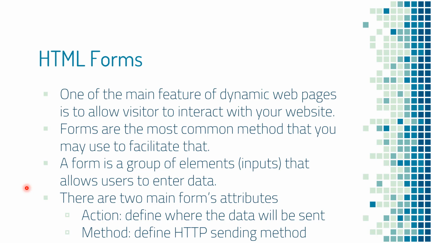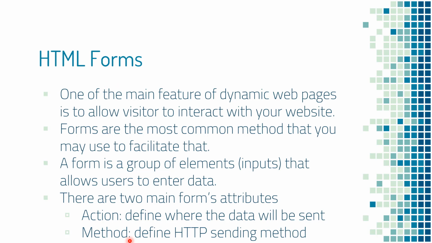The other attribute is the method, which defines what method is used. As you recall from HTTP, when you send a request you use verbs or methods. The most common ones are get and post. Most of the time when you want to submit forms, you would use post.